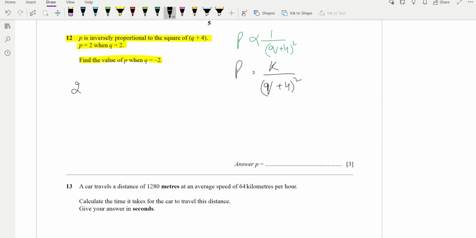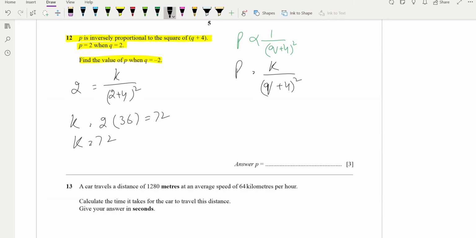P is 2 when q is equal to 2, so 2 + 4 squared, so k will be equal to 2 times 6 squared, which is 36, so this will be equal to 72. The k value is equal to 72.